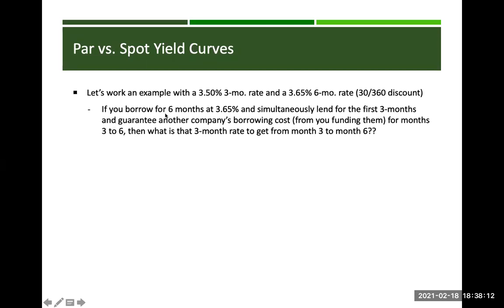If you borrow 6 months and simultaneously lend money for 3 months to one counterparty, and then another customer says, well, I want to borrow for 3 months, but not now. I want to start in 3 months and pay you back 6 months from today. So their 3-month period doesn't start until 3 months from today.